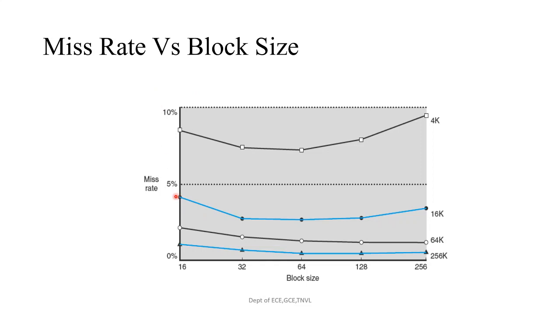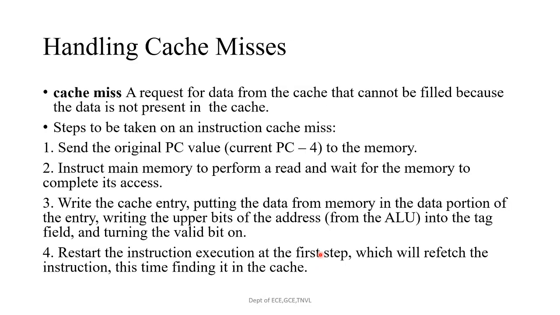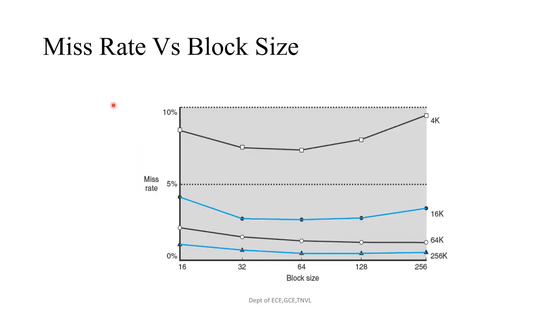So this is the graph which shows the miss rate versus block size. What is this about? This graph interprets that larger blocks exploit the spatial locality to lower miss rates. If you see here, increasing block size usually decreases the miss rate.